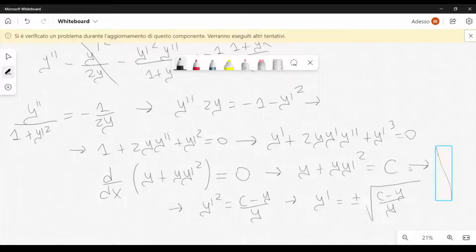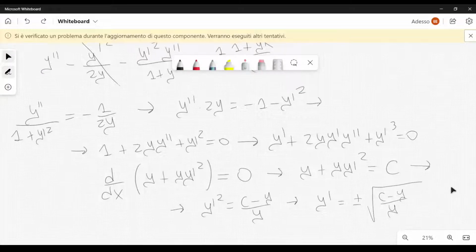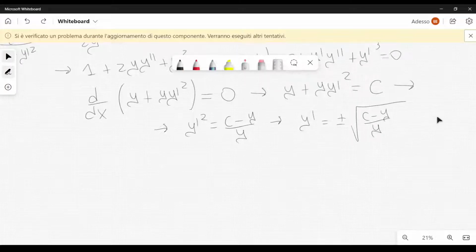And now this can be written like this. You can separate the variables x and y, so you can write the integral of square root of y over c minus y dy, with a plus or minus here. This will be equal to the integral over dx.